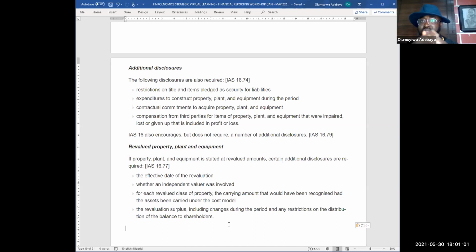Do you get what I'm saying now? Which means it's for you to provide enough information that will assist users of financial reports to make informed judgment on the financial performance and financial position of the entity as at the reporting date.